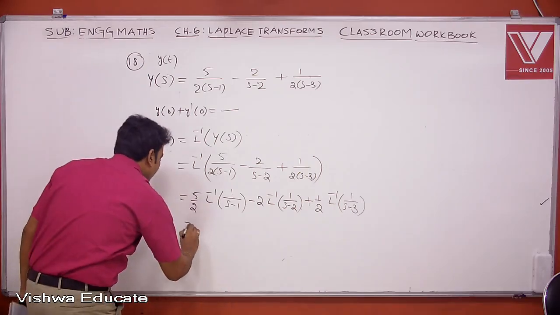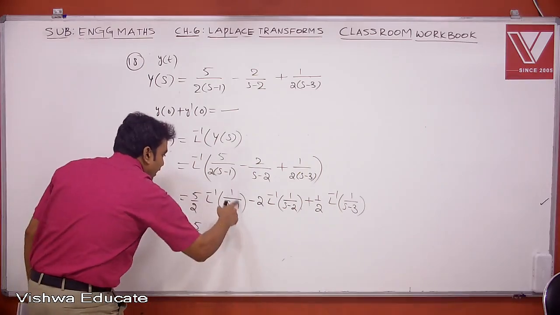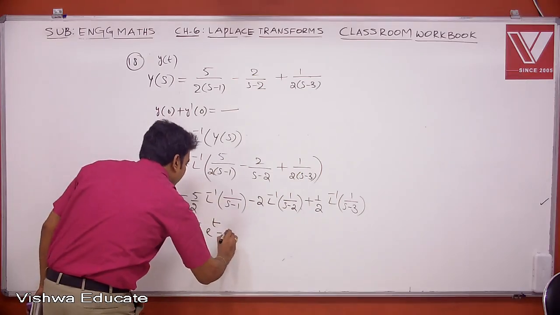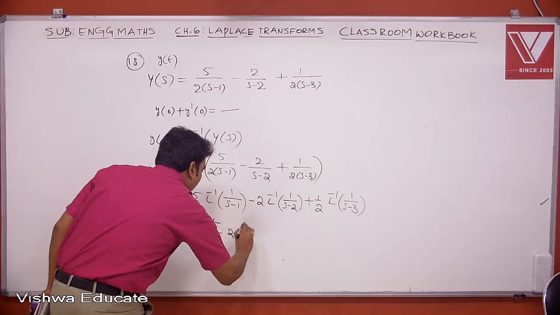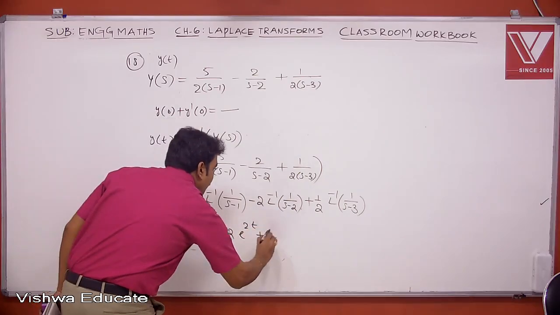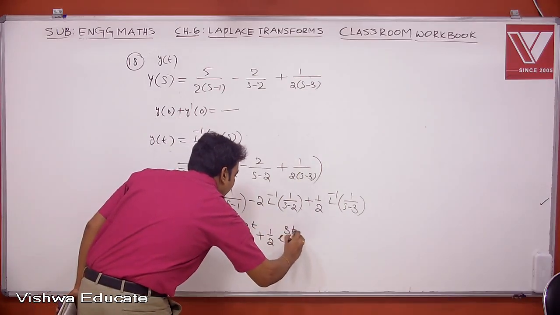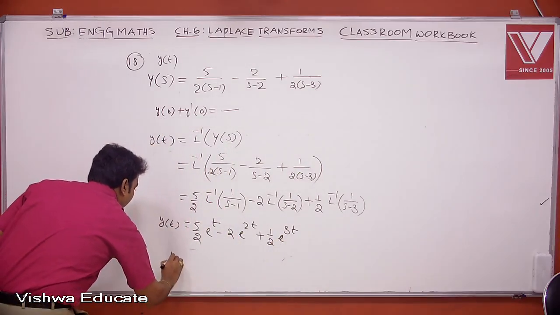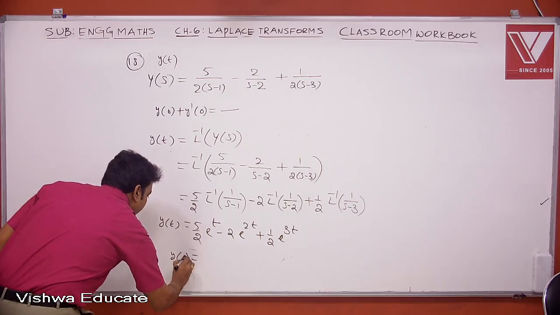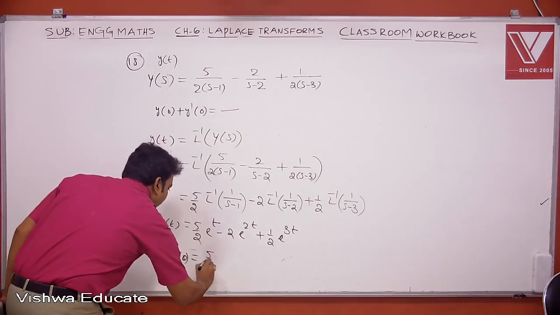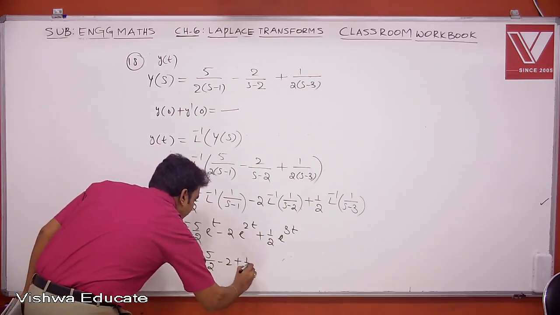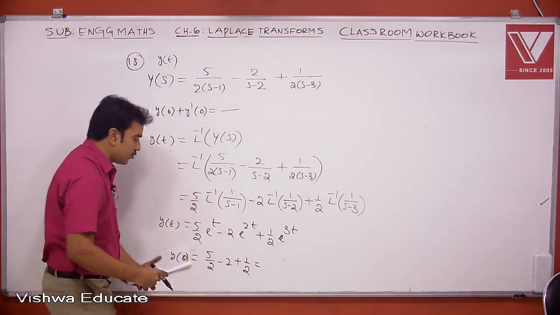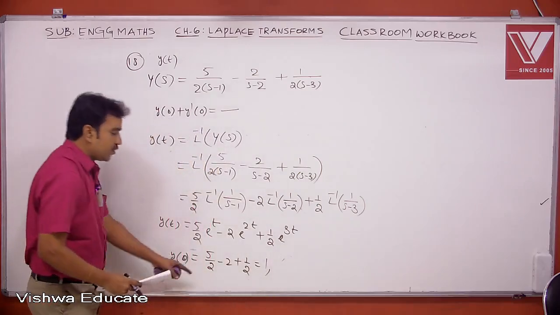So therefore this becomes 5 by 2 into e power t, minus 2 into e power 2t, plus 1 by 2 into e power 3t. So you can easily guess what is y of 0. Replace t by 0, you get 5 by 2 minus 2 plus 1 by 2. 5 by 2 plus 1 by 2 is 6 by 2, 3 minus 2, it is 1. So y of 0 we got it as 1.